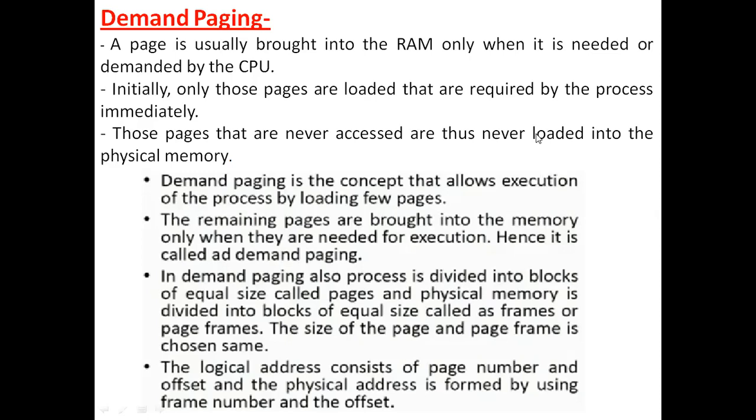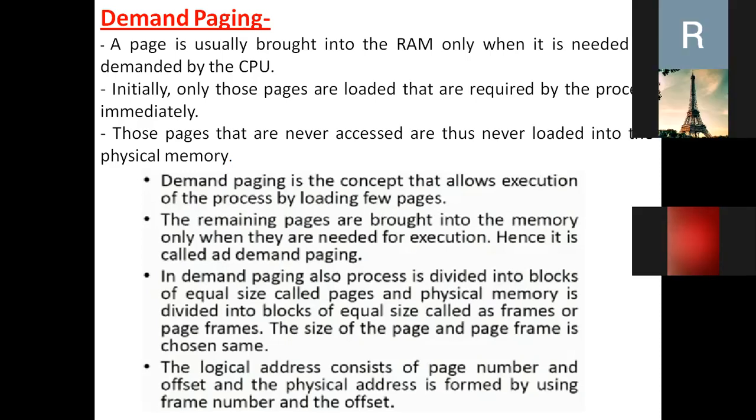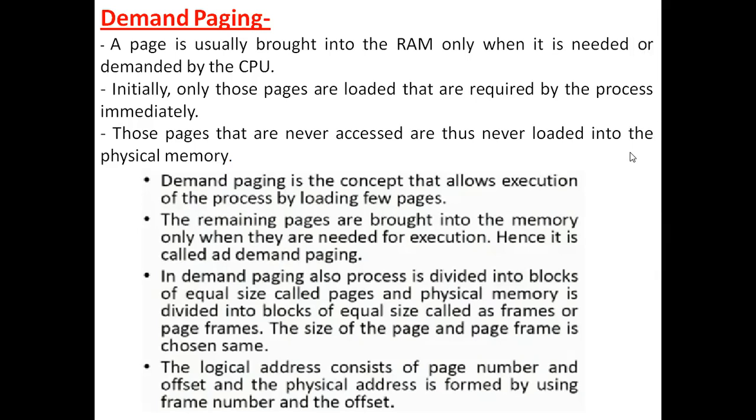Only the required, initial or necessary pages, which are needed to start the process, will be loaded into the main memory, and the remaining pages will be kept in the hard disk. Upon the request or demand by the CPU, only those pages will be loaded into the main memory, and that we call demand paging.